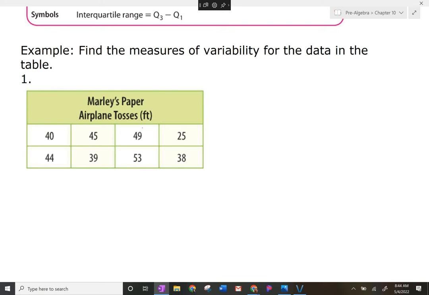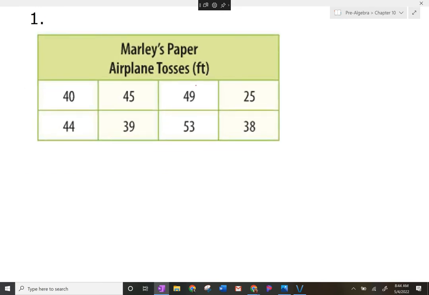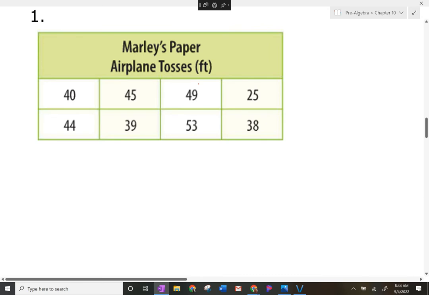Marley's throwing those airplanes, trying to see how far they can go. I'll zoom in just a smidge so you can see them. I'm going to put it in the order from least to greatest. So I start with 25. That one's done. And then 38.